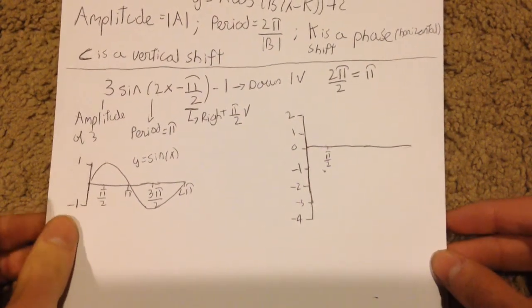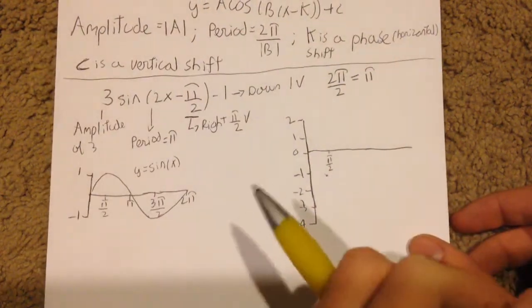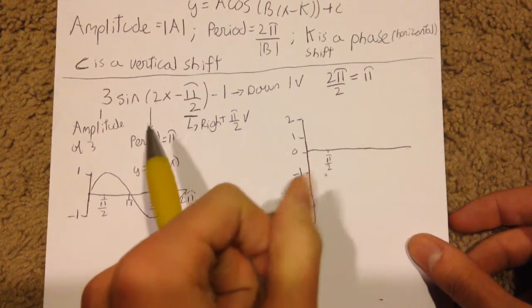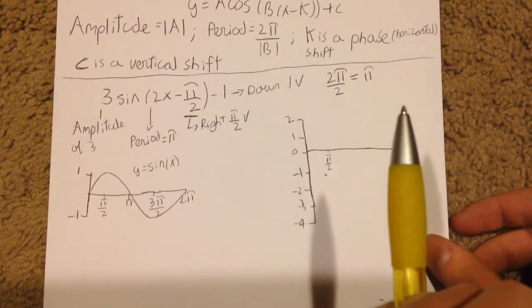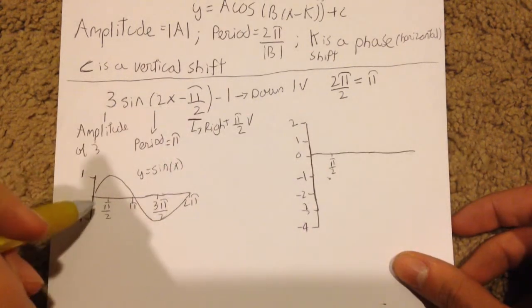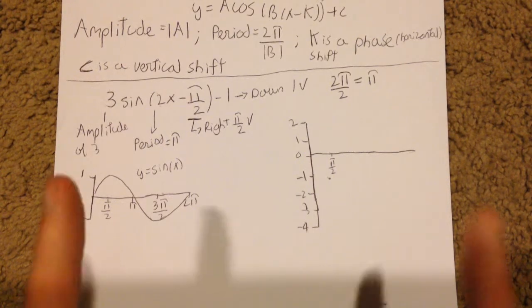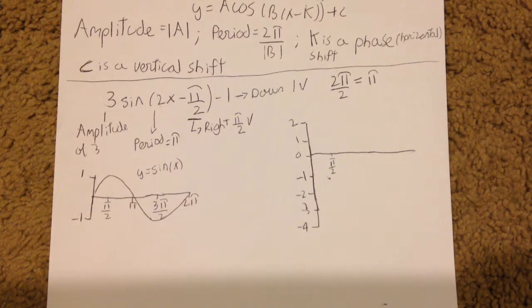And then finally, we know that it has a period of pi, which basically means that we're going to graph this whole curve in the distance of pi.